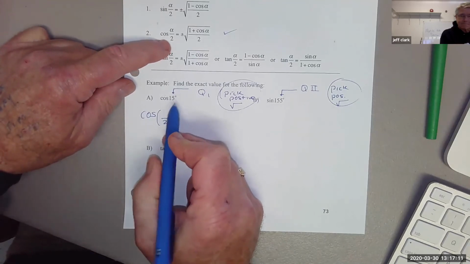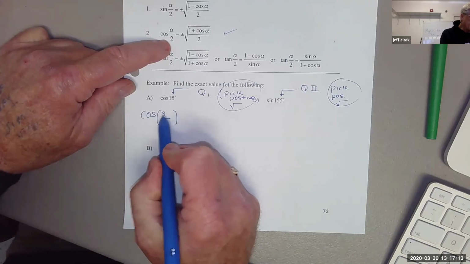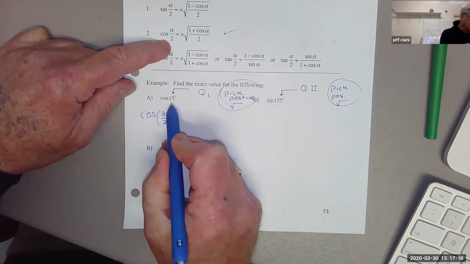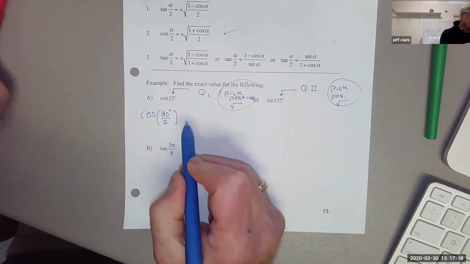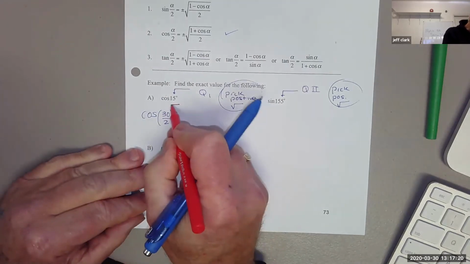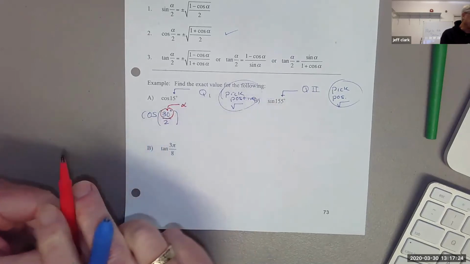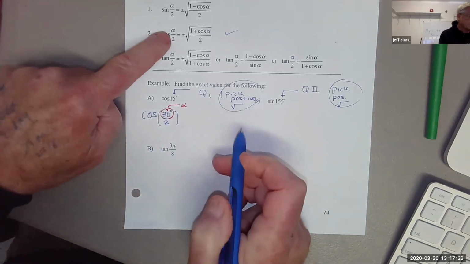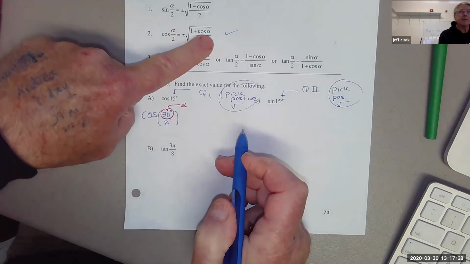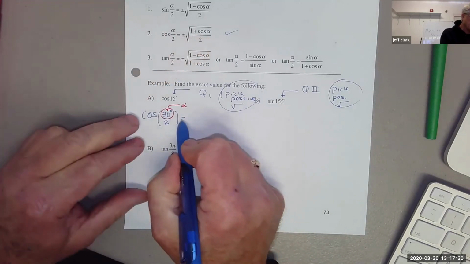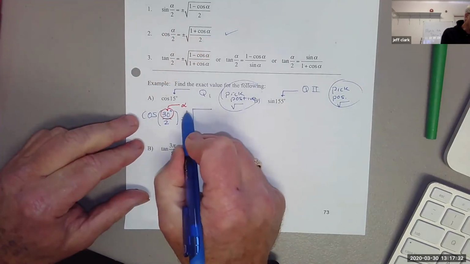I need a 30 degrees there. So yeah, 30 divided by 2 is 15. So this is considered your alpha in the formula. 30 degrees right there is your alpha. So I'll put 30 degrees in that part of the square root right now. And you need the positive answer.